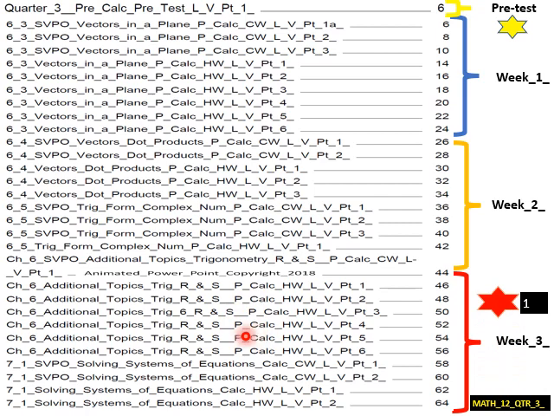And then week 3, we have additional topics for trigonometry, review and summary of chapter 6. And we start out with 7.1, solving systems of equations at a pre-calc level here. And that's your first 3 weeks of quarter 3.